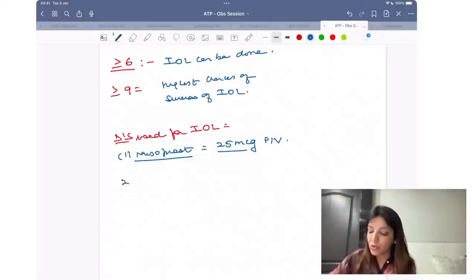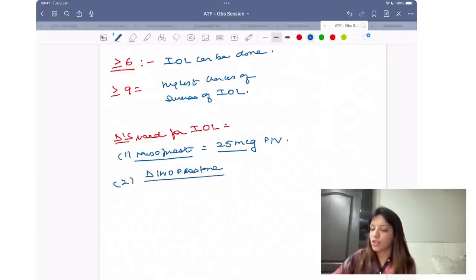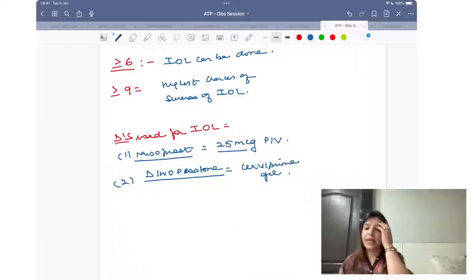Right? Number 2, you can use dinoprostone. Dinoprostone is the Cerviprime gel which we use in our labor rooms.